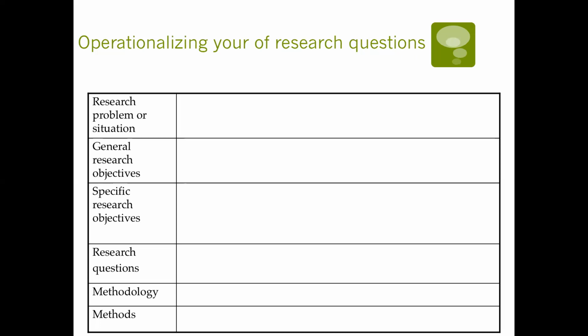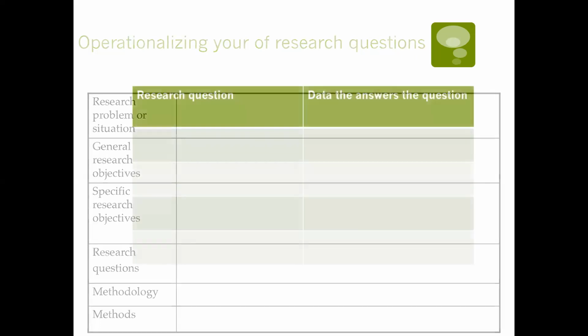In your methods, you're also going to tell us how you're going to find your participants, how many, and all those details about the actual implementation of your methodology. So as you can see, this very simple chart has all the pieces of your research project in it. And so it's very important to walk through these steps and create this operationalizing your research questions chart.